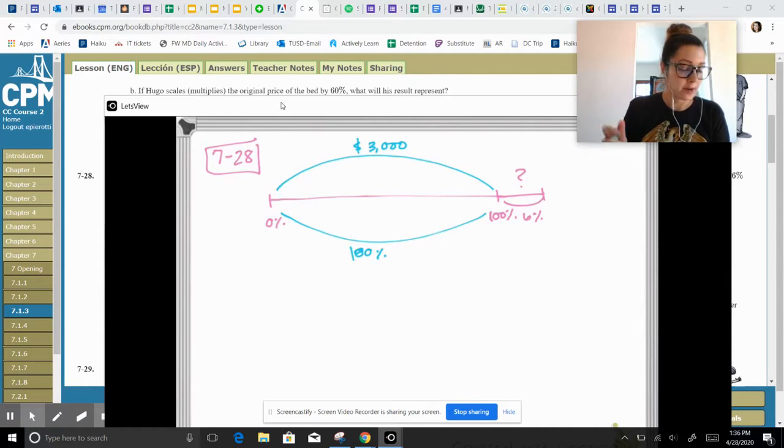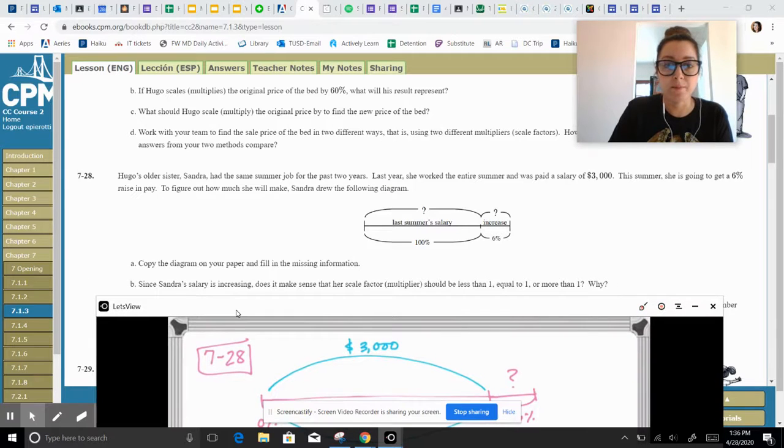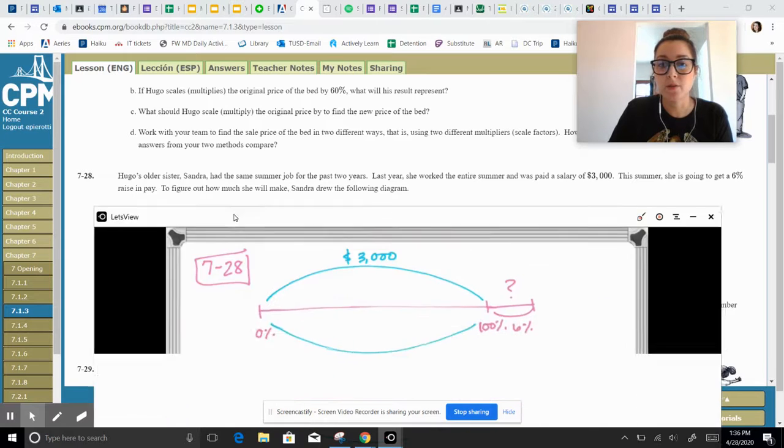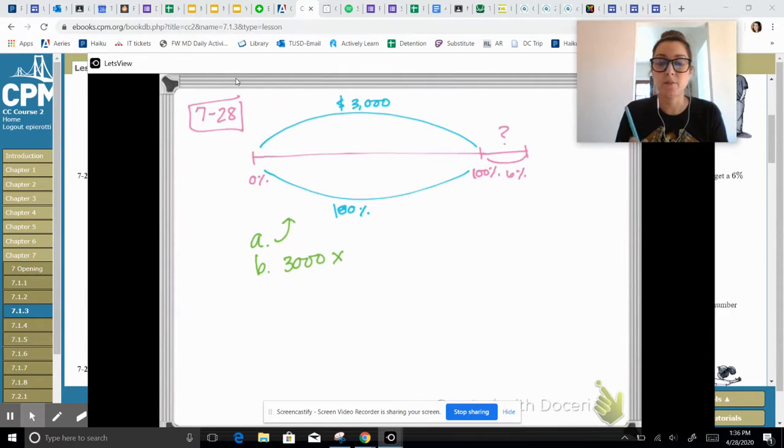We drew out the diagram. Now we're going to look at part B, which is, does it make sense that her scale factor or multiplier should be less than 1, equal to 1, or more than 1? So that means that if I'm trying to figure out what that missing amount is, am I going to multiply 3,000 by something that is less than 1, more than 1, or equal to 1?